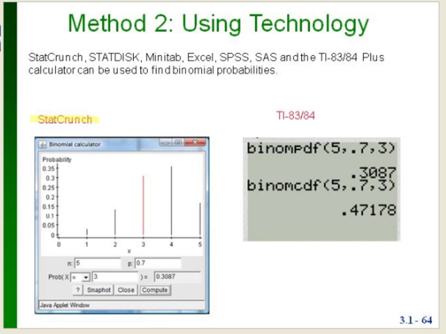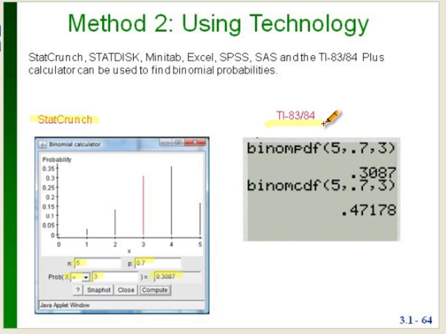With StatCrunch, you'll actually be doing this in Tech Assignment 2. So this is just a screenshot of what it will look like in StatCrunch. Notice that you put in your N, put in the P, and then you put in an operator and an X, and you click compute, and it'll give you your probability.